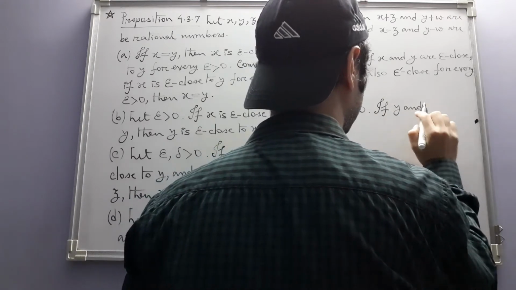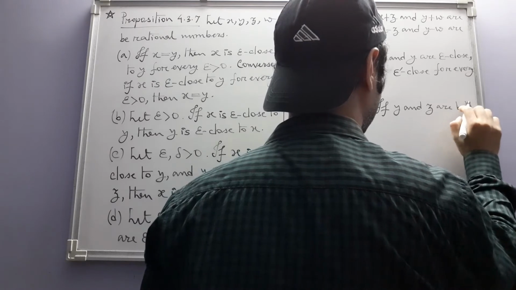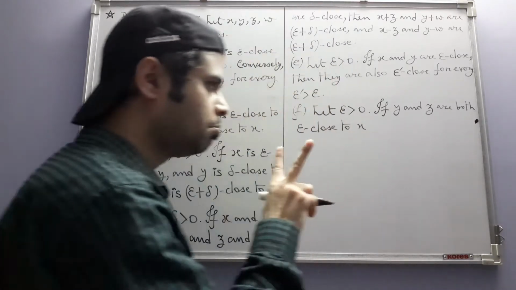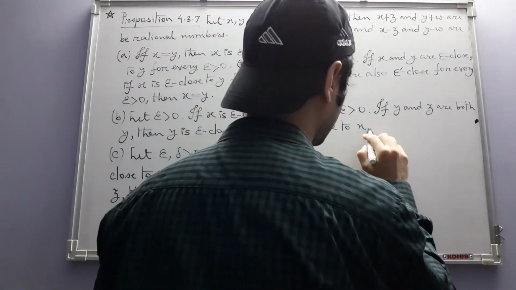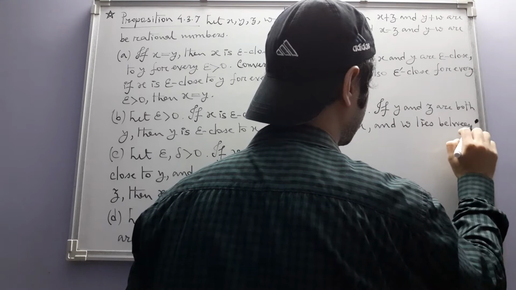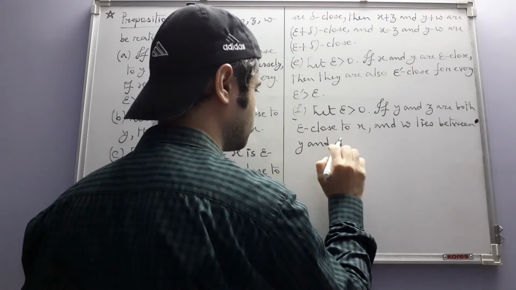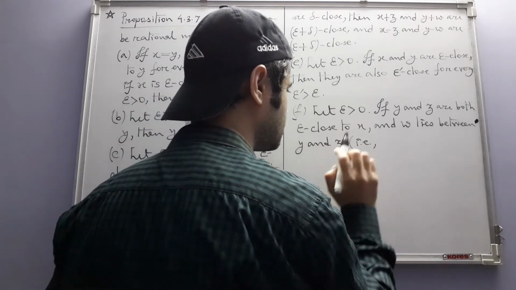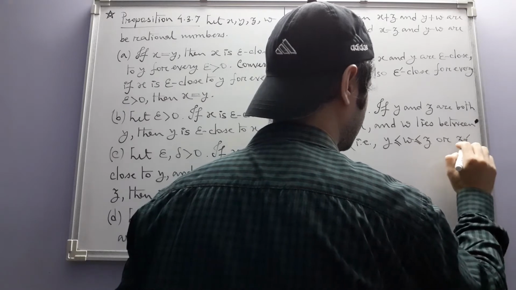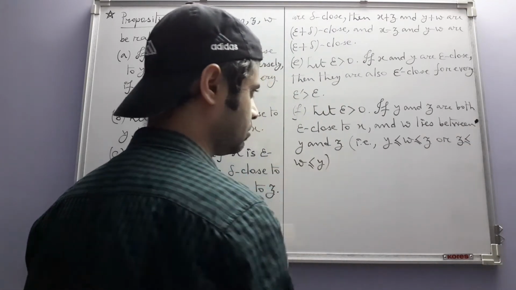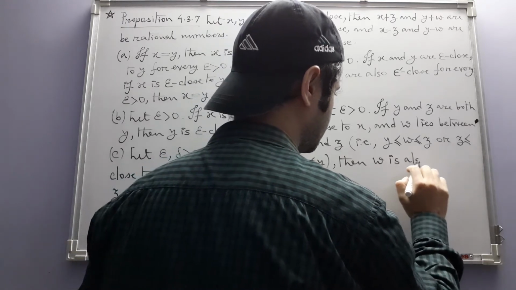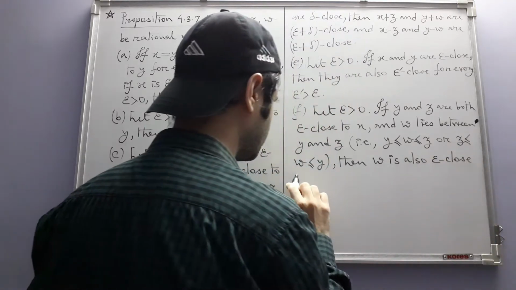If y and z are both epsilon close to x, so here two points are epsilon close to x, each one of them, and w lies between y and z, in this sense, that is, either this or this, then w is also epsilon close to x.